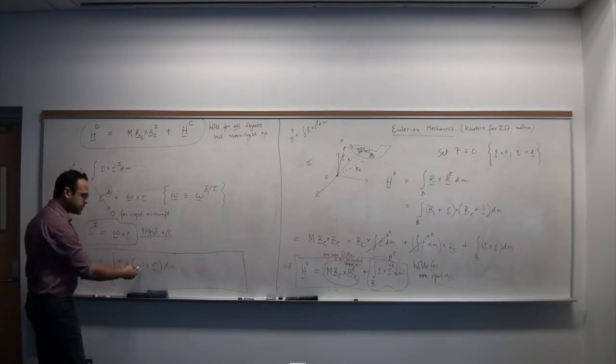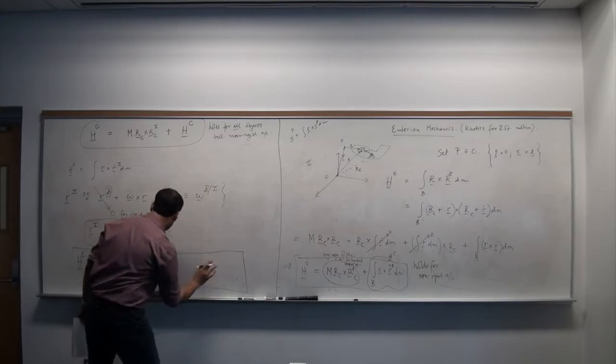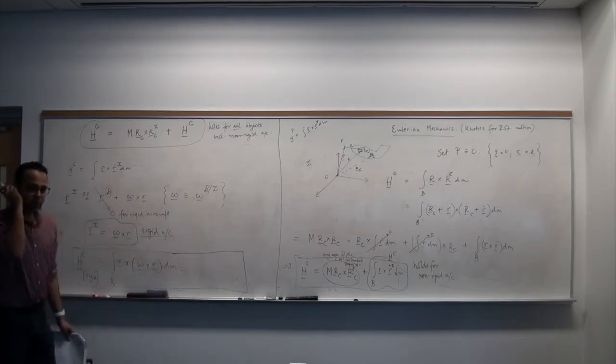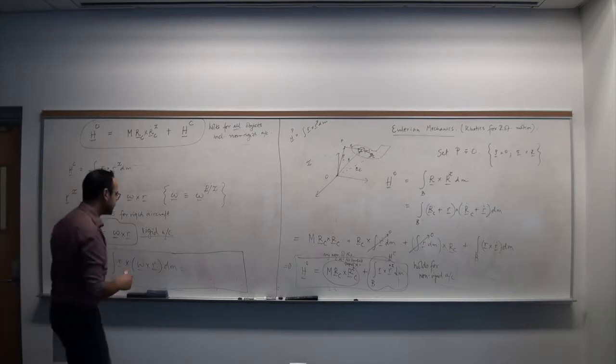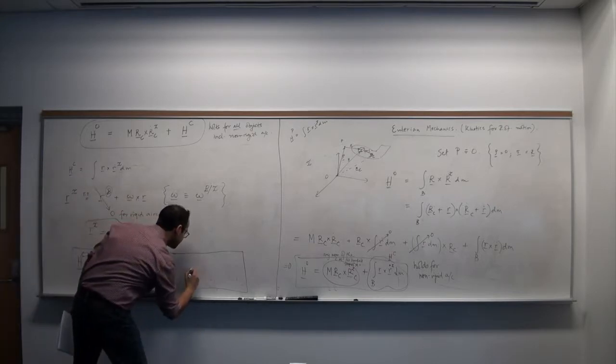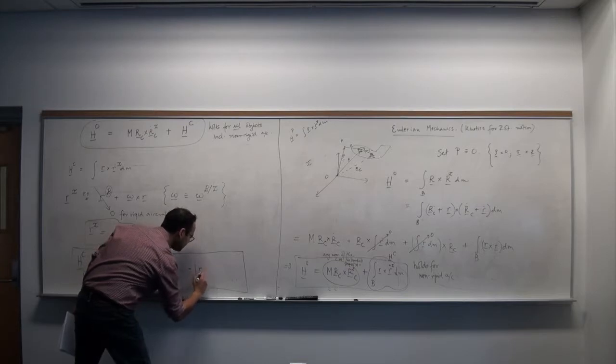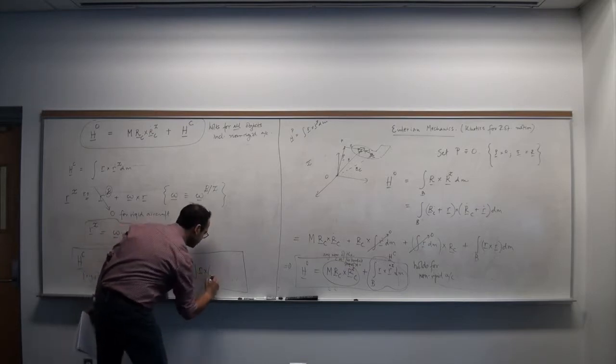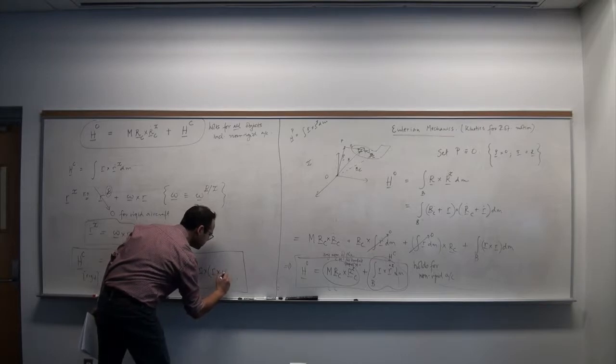It's stuck in the middle right now. So we flip this cross product, and when you flip the order of the cross product, all you need to do is compensate by adding a negative sign. So this becomes equal to minus the integral of r cross omega dm.